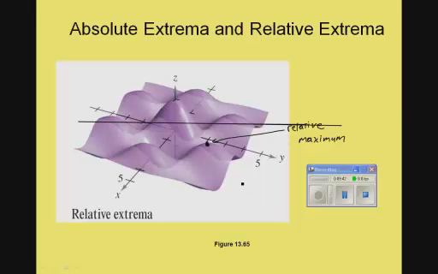Right? Everybody seems to be nodding their head and just fine with that, right? We understand that. It's not the absolute maximum. The absolute maximum, or the global maximum, if you want, is right there on the z-axis. But that's a relative maximum. Why is it a relative maximum? Because there exists an open disk so that if I look at all the outputs for that open disk, this is the biggest of them.